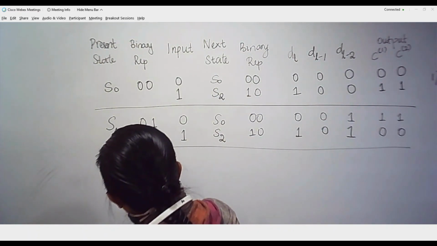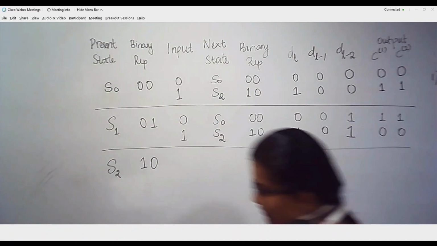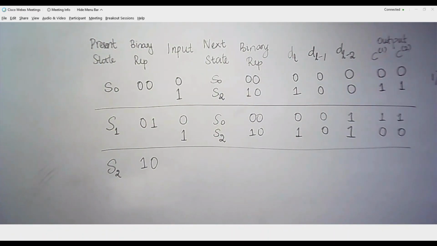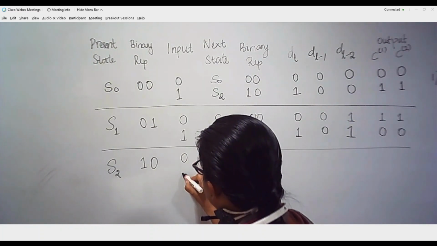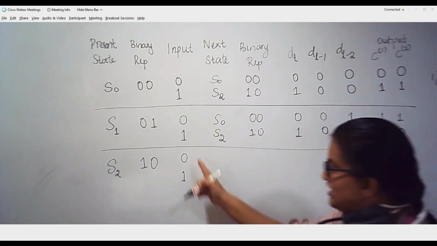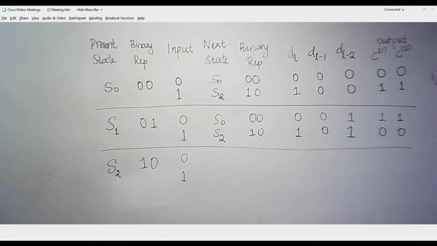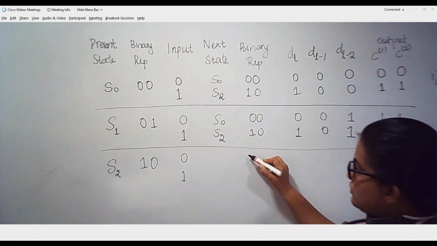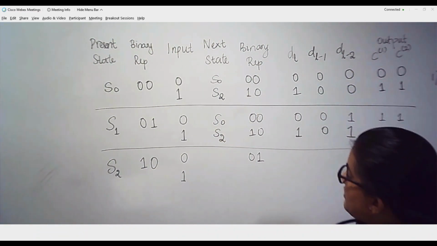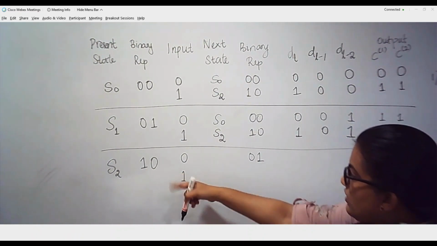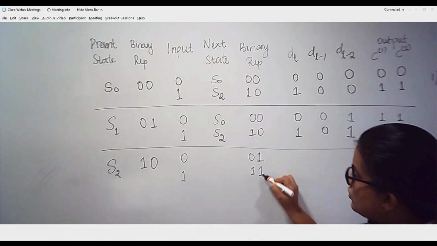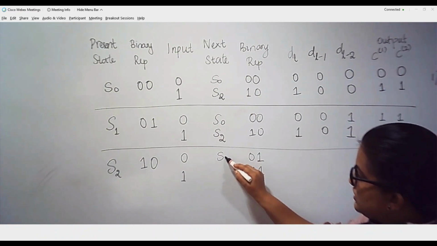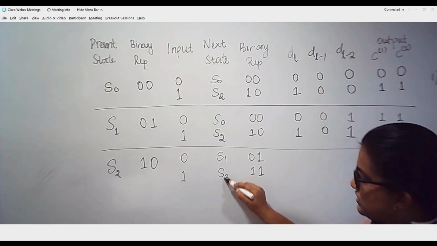Coming to the state S2, which is 1, 0. Here also the possible two inputs are 0 and 1. If I give a 0, to which state will it go? The transition will happen to 0, 1, and if I give a 1, it will have the transition to 1, 1. So this corresponds to the state S1 and this corresponds to the state S3.